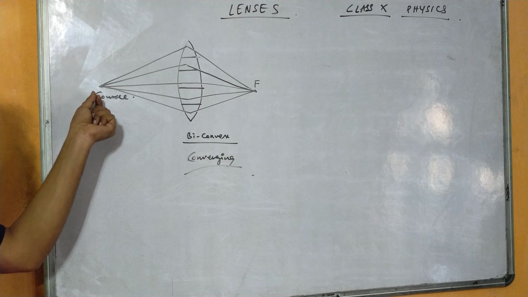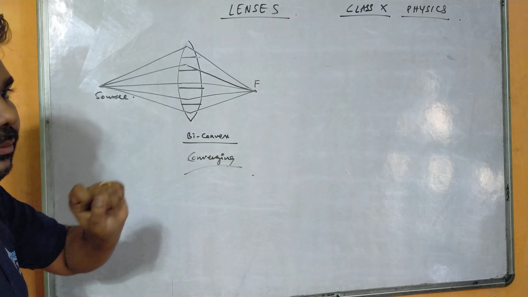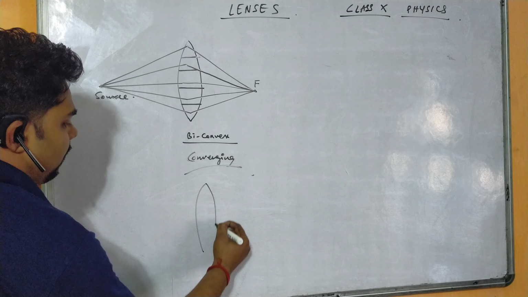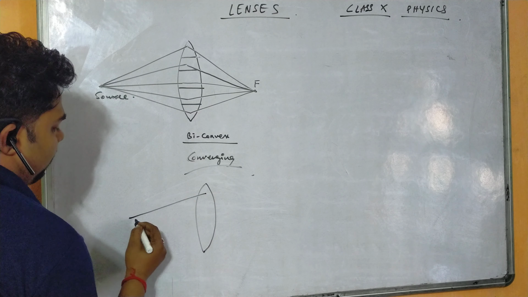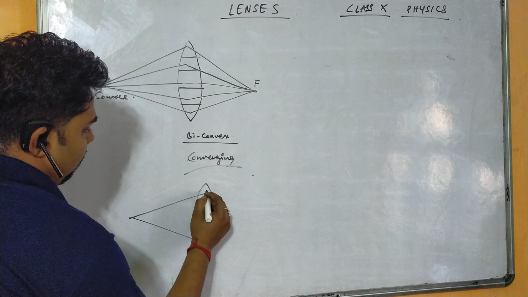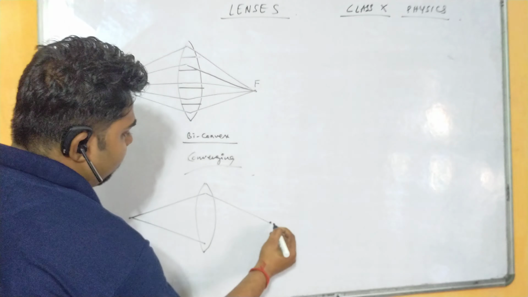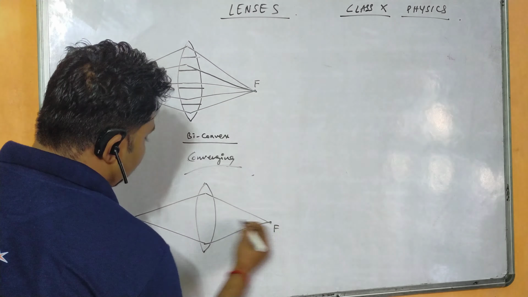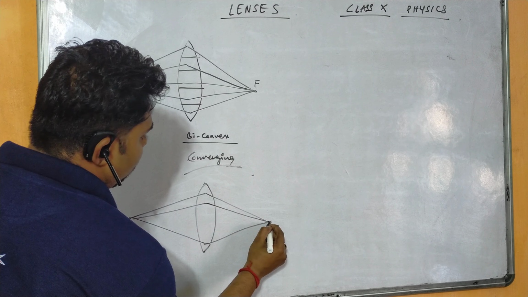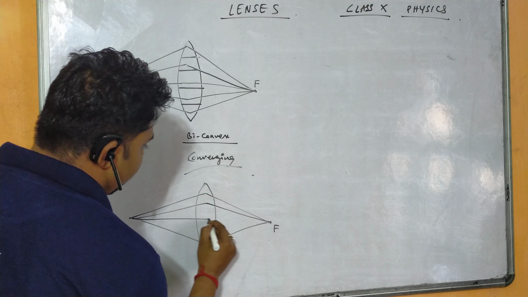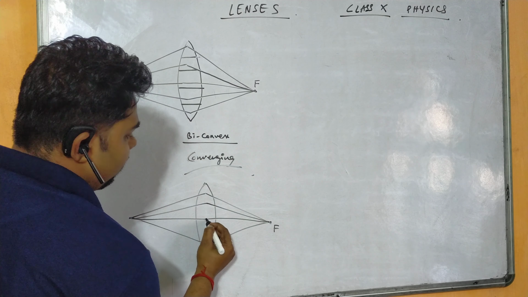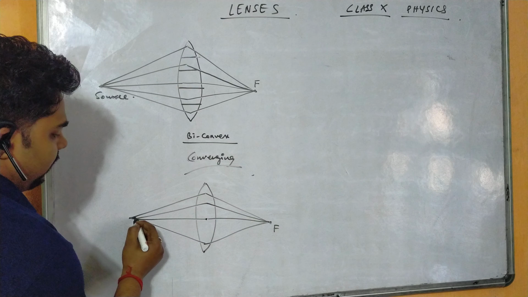Because it converges a ray of light at a fixed point. That means whenever light falls on a biconvex lens, it always converges to a fixed point. But if any ray of light is going straight through the optical center, then it will move straight only.